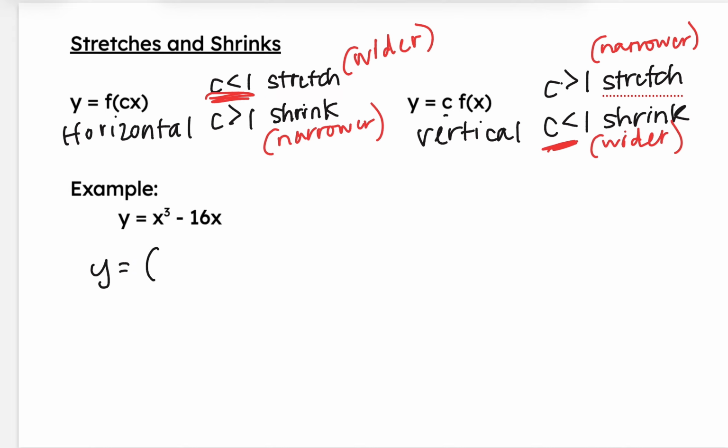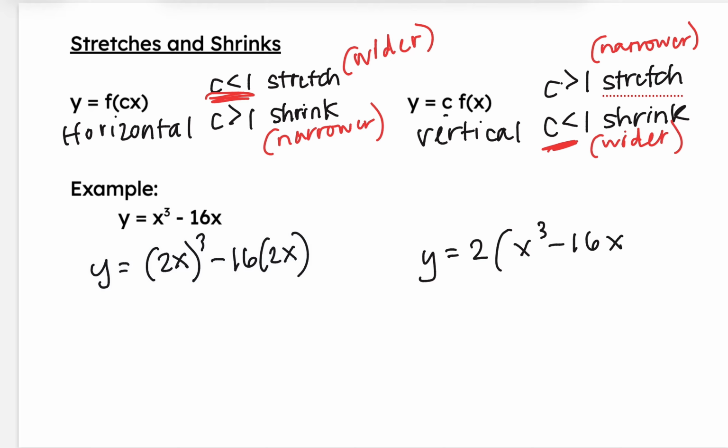So we're going to do 2x cubed minus 16 times 2x. So that would be what it looks like if we're putting the number in with the x. The opposite, so a vertical would be the 2 on the outside, 2 times x cubed minus 16x. So both we're inputting a 2.